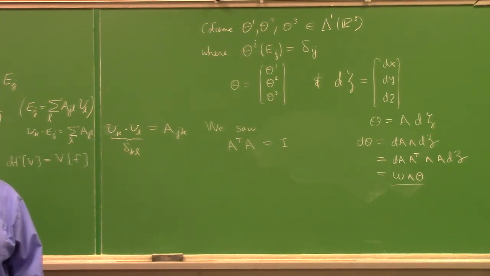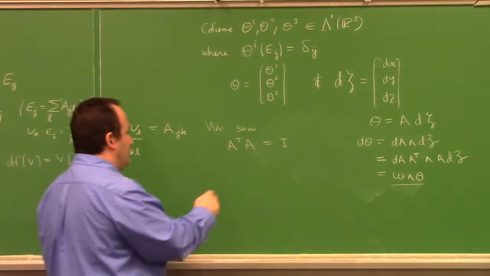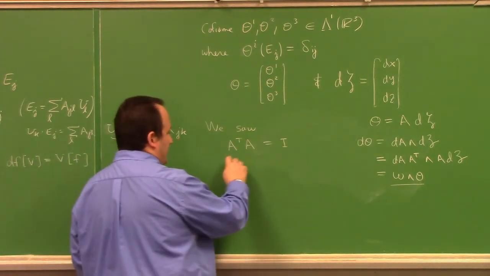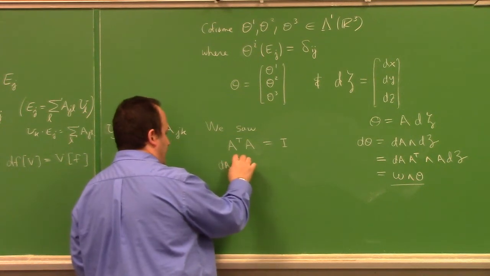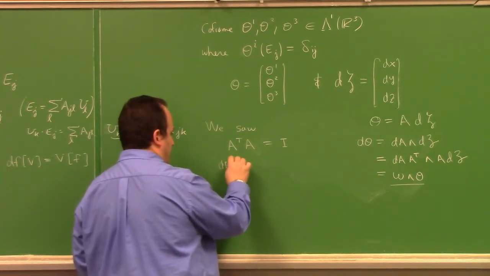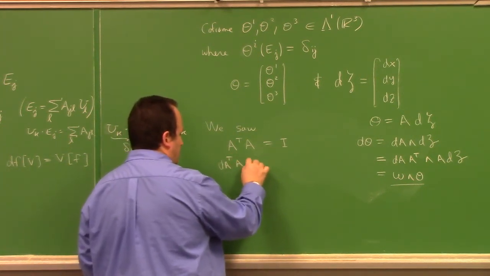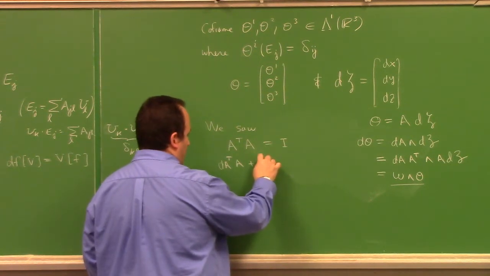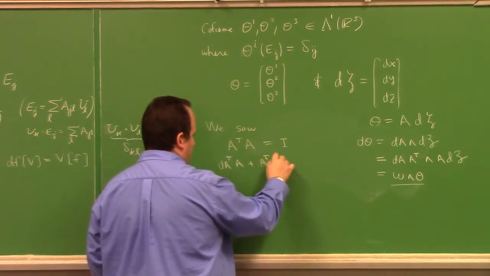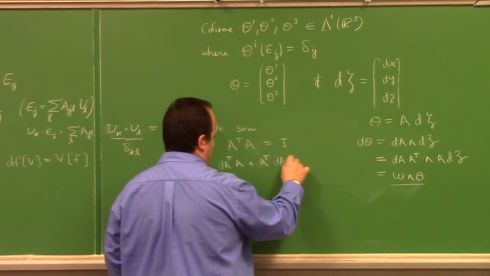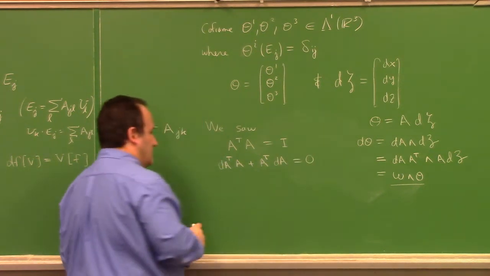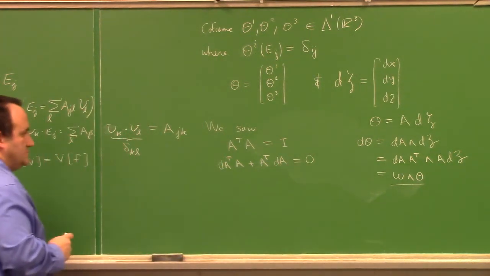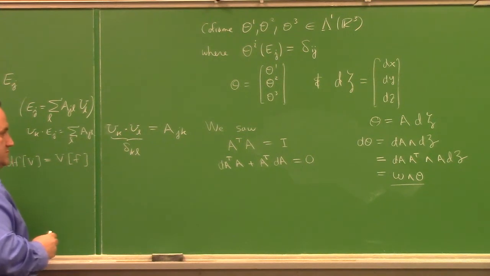But for a general frame, like a spherical frame, which has a coordinate dependence, these exterior derivatives are interesting. So anyway, this is dA transpose A plus A transpose dA equal to 0, right? And what's that tell us?